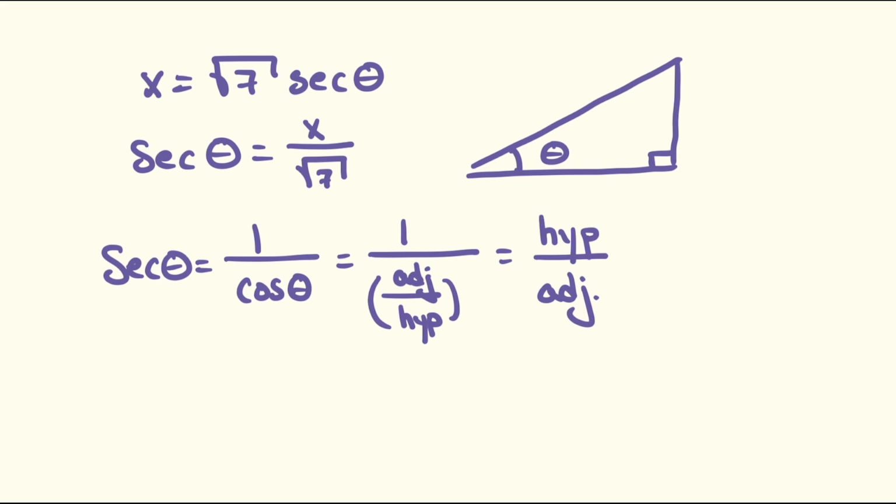So the top part, our x, is our hypotenuse. So let's pop our x up there. The denominator, our square root of 7, is going to be our adjacent piece. So that's square root of 7 right there. The third part of your triangle, we're wondering, what does that look like?